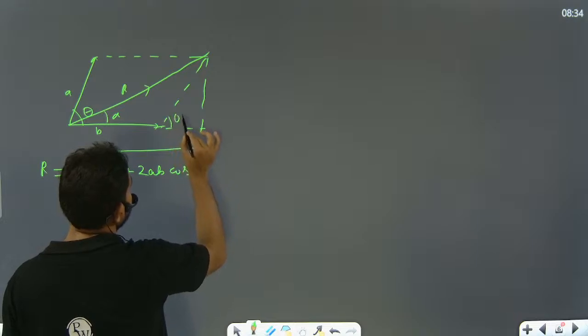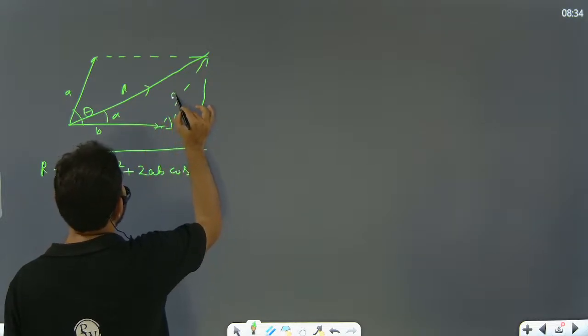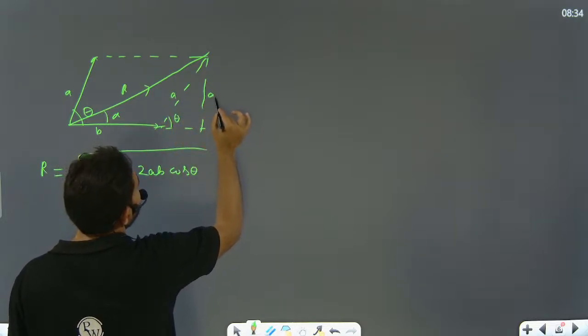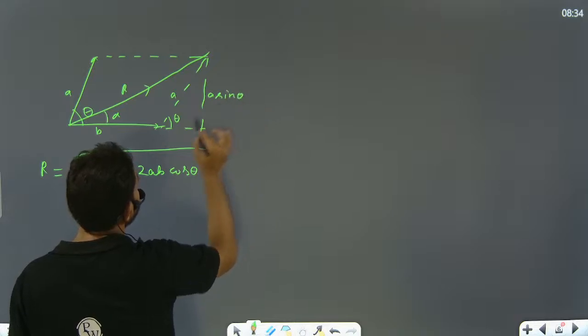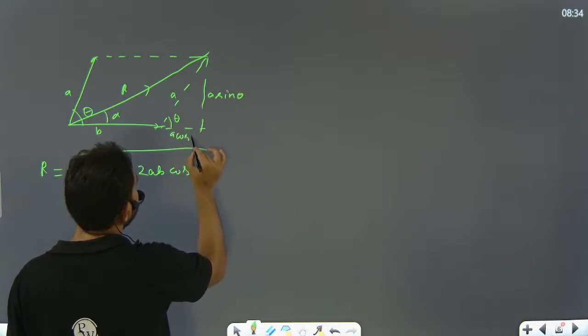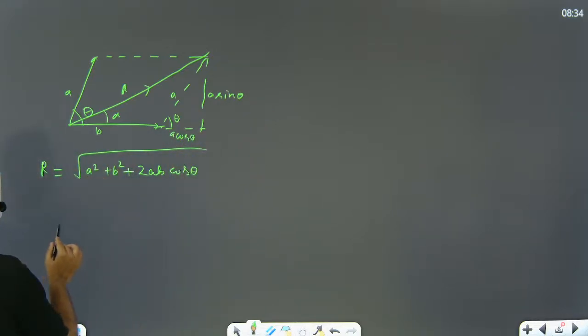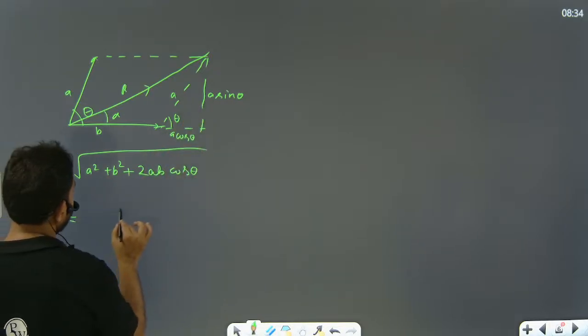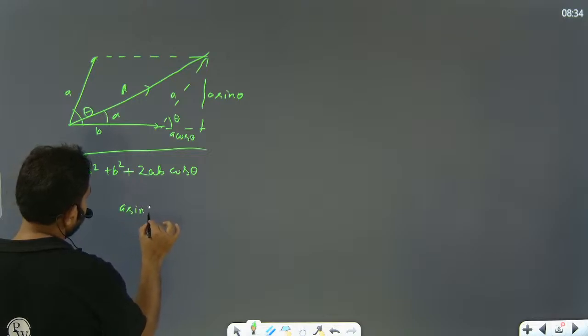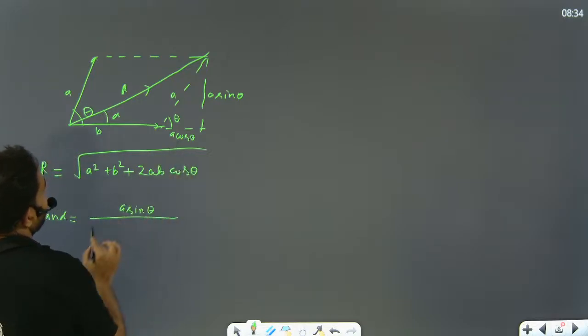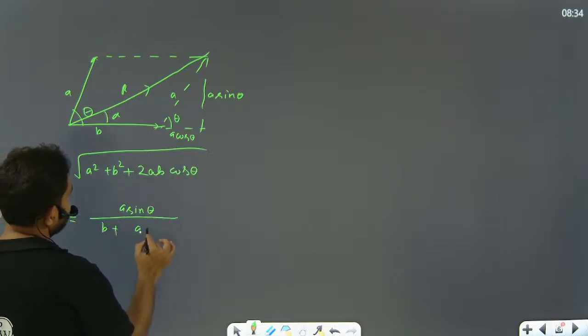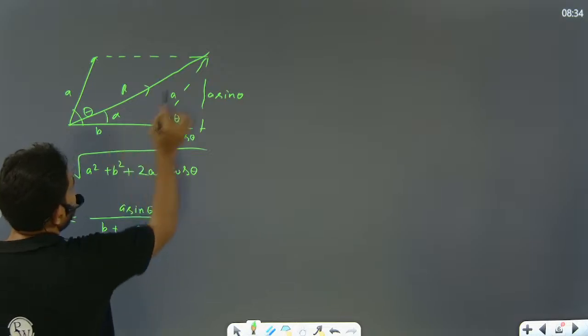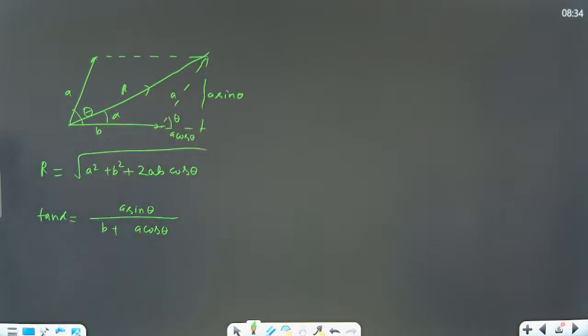This is also theta and this is A. So this is A sin theta and this is A cos theta. So I can say that tan alpha is equal to A sin theta upon B plus A cos theta, from this triangle I am taking.